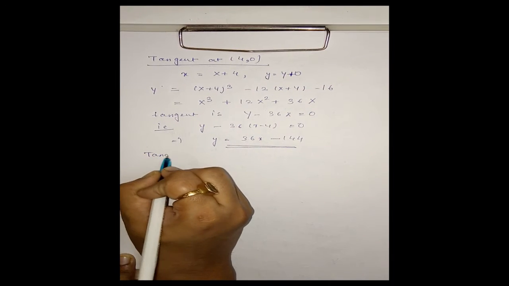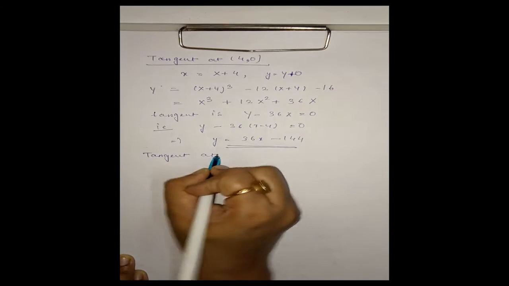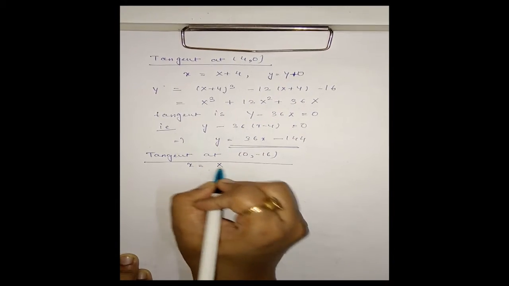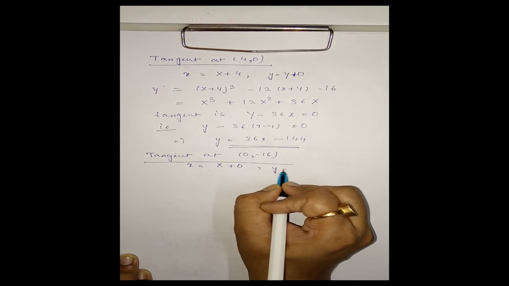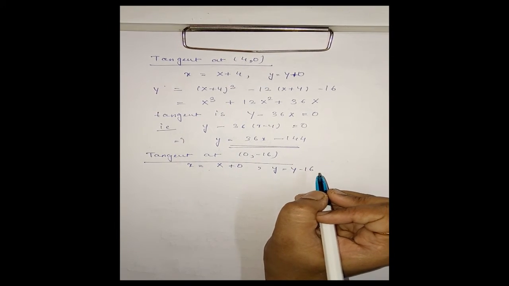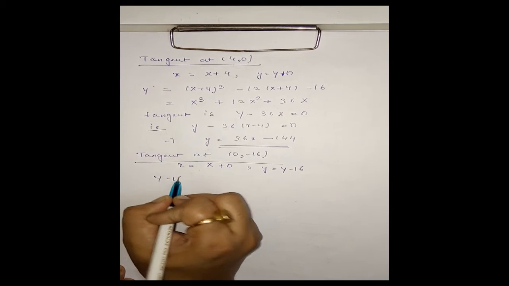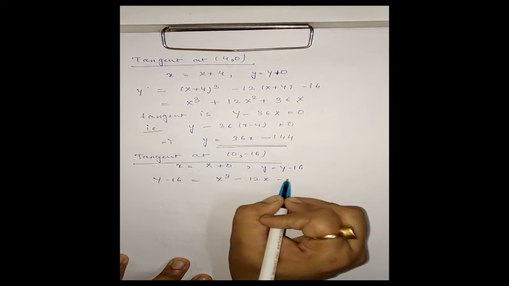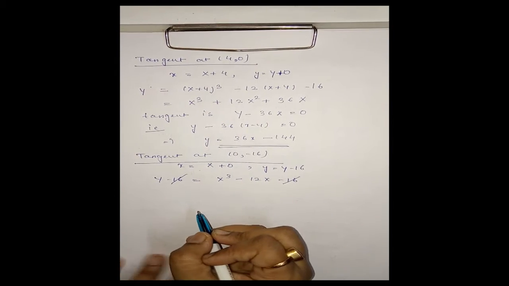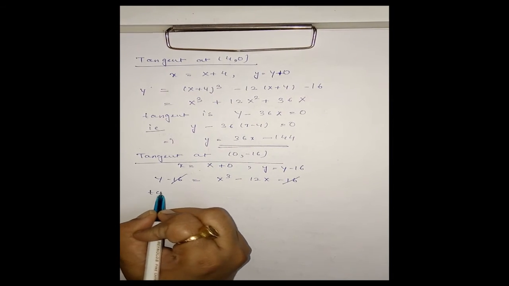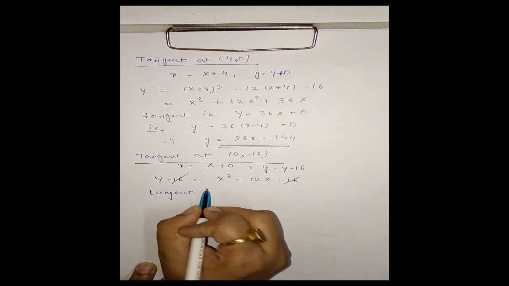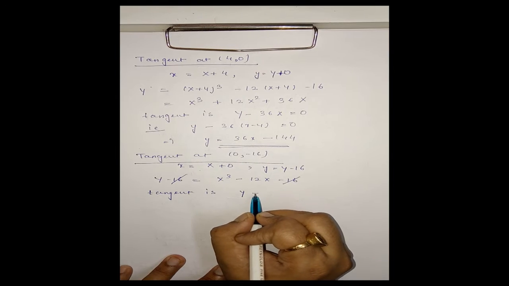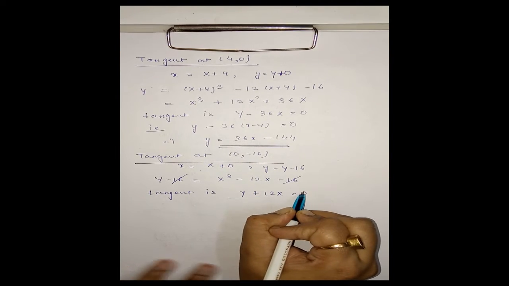Next we have to find the tangent at the point 0, minus 16. Replacing by this in the equation, we get y minus 16 is equal to x cube minus 12x minus 16. On equating to 0 the lowest degree term, the tangent is y plus 12x is equal to 0.